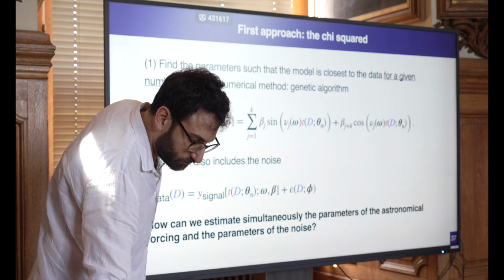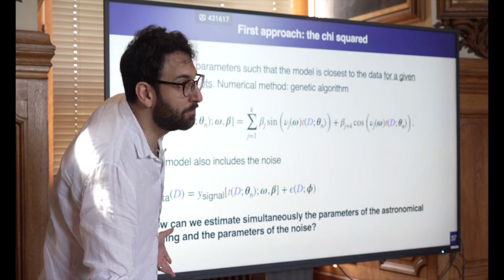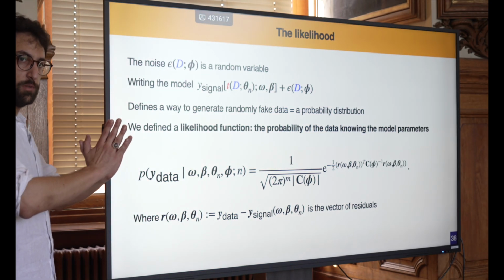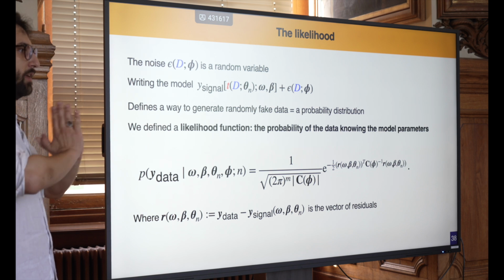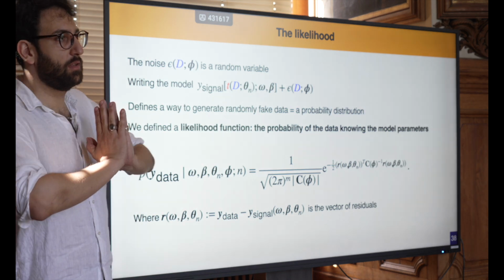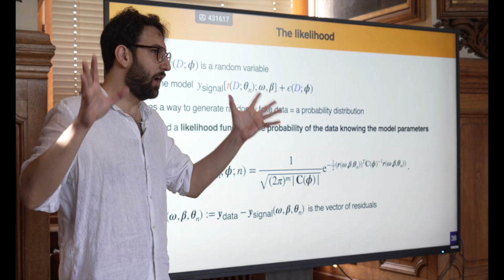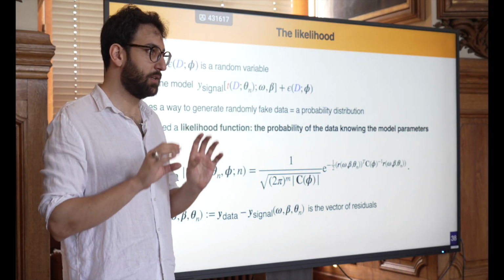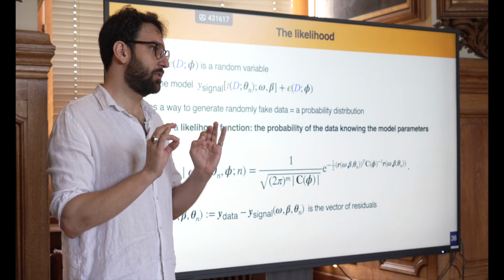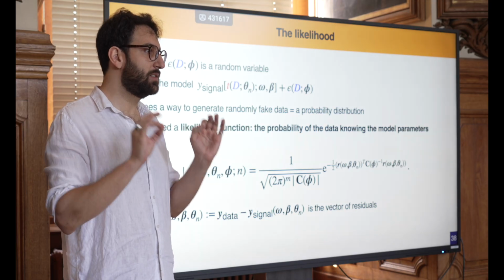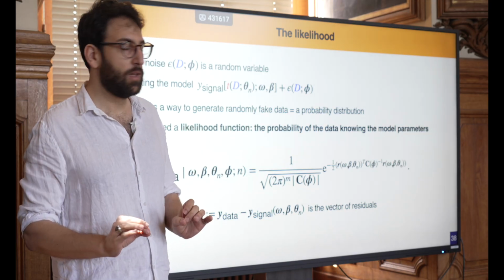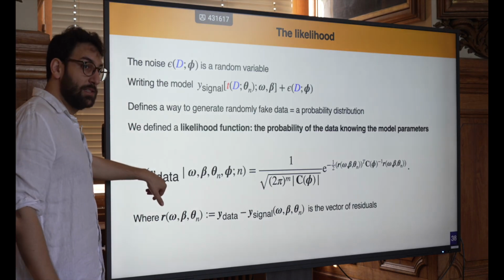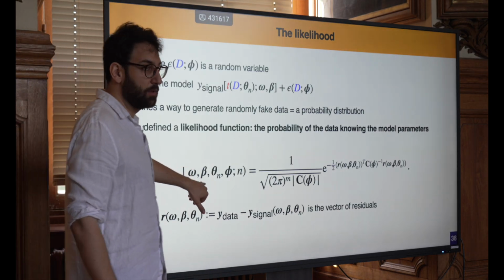So, what do we do? Another super important notion, and if there is one takeaway of how to approach a data analysis problem like a statistician, the first thing you ask when you have a new data analysis problem is, what is the likelihood? And the likelihood is the probability of the data knowing the model parameters.